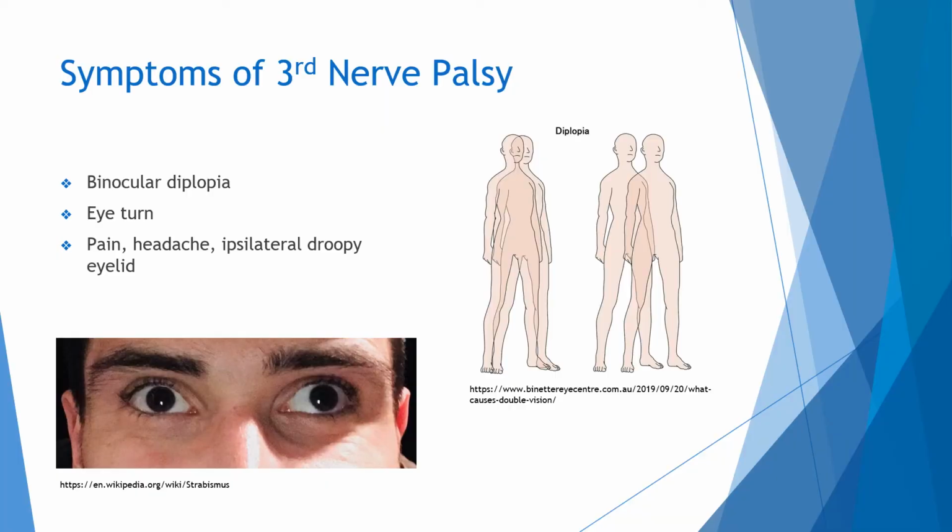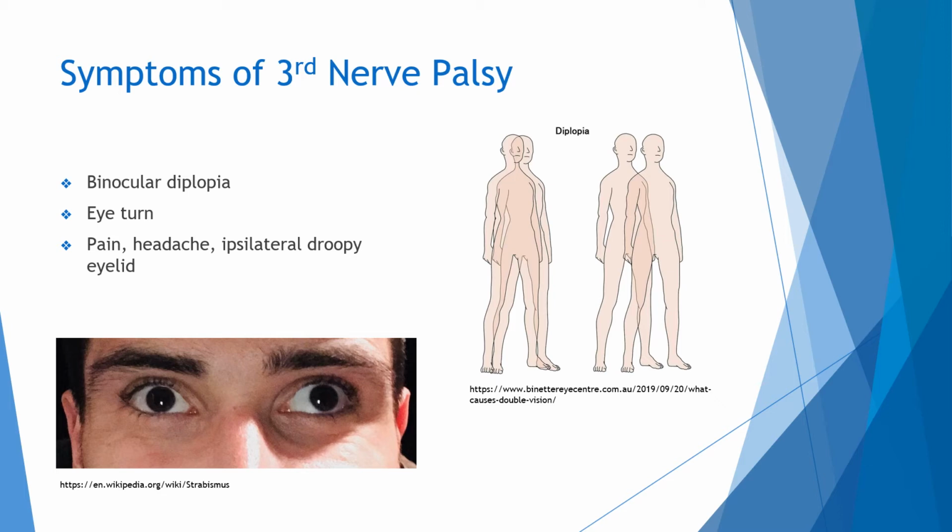Some symptoms of a third nerve palsy include binocular diplopia, which is double vision caused by miscoordination of extraocular movements of the two eyes. The eye turn and pain, as well as headaches, can also occur. On the same side where the third nerve is affected, there may also be a drooping of the eyelid, or ptosis.